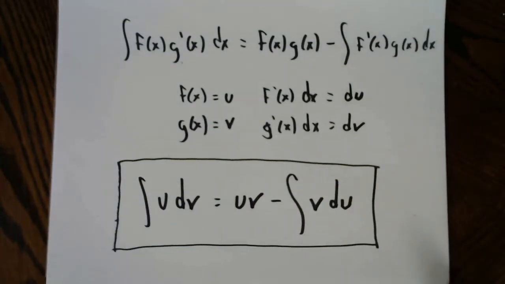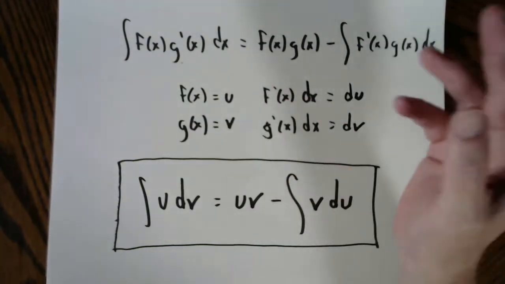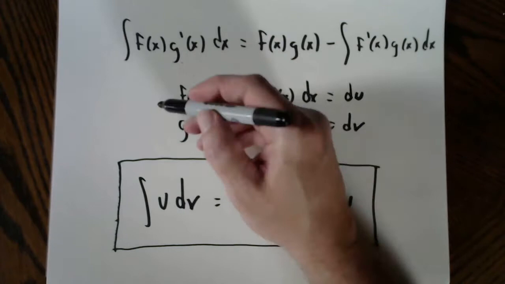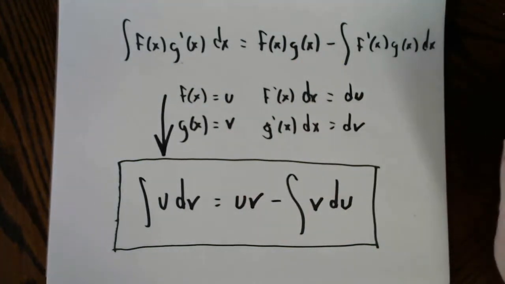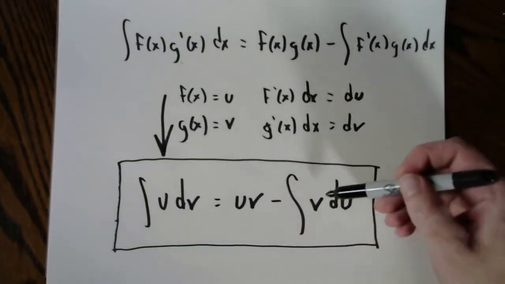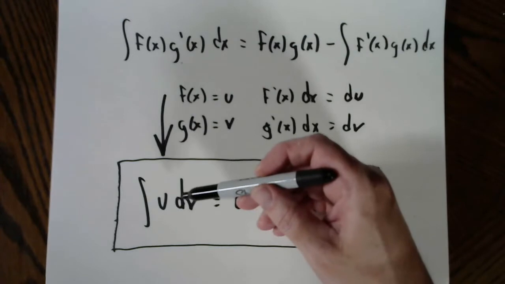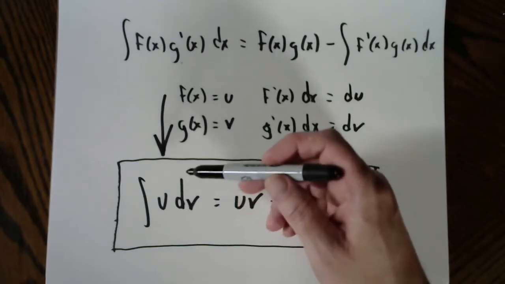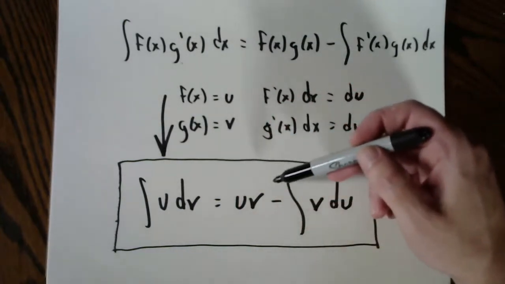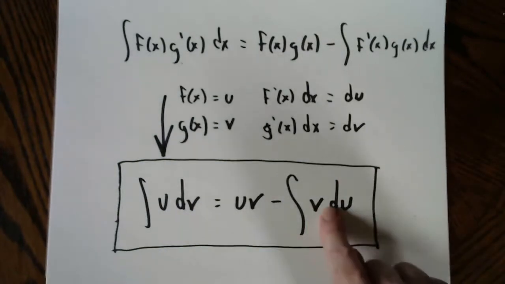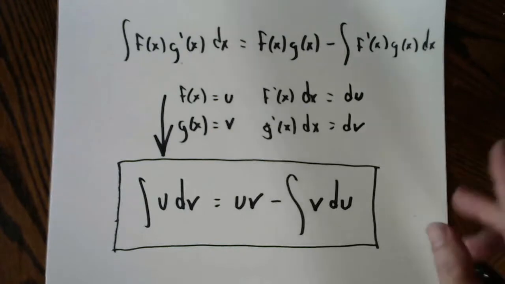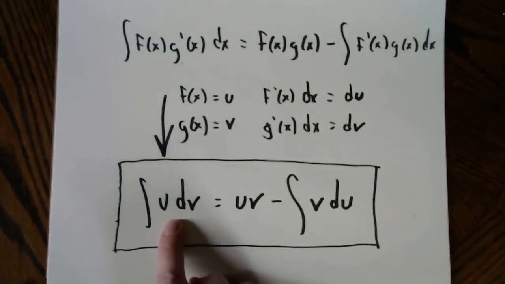Okay? So the idea is, you're going to be faced with an integration problem. You're going to be given an integral that is going to look like that. And what this allows you to do, you can see that this integral is different. So what you hope for is that by using this formula, whatever's over here is easier or practical or possible as opposed to this.